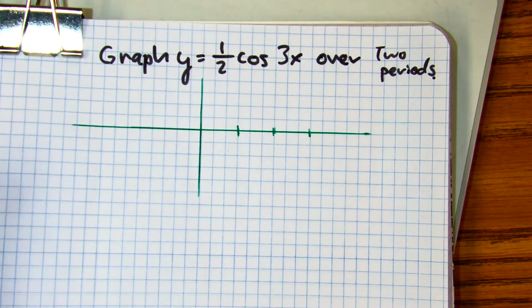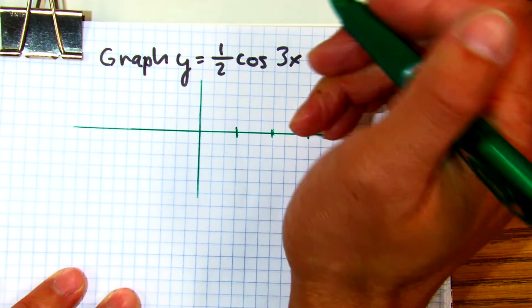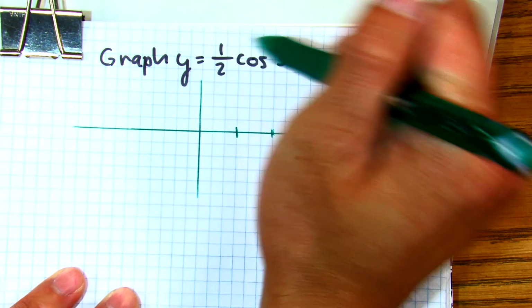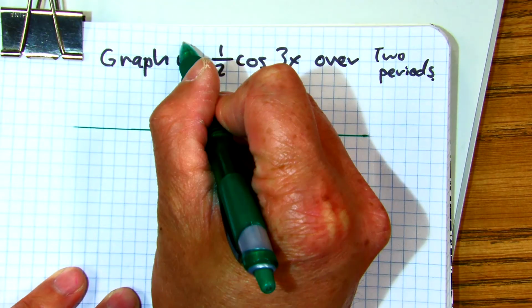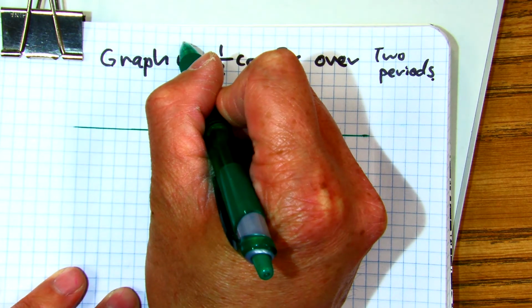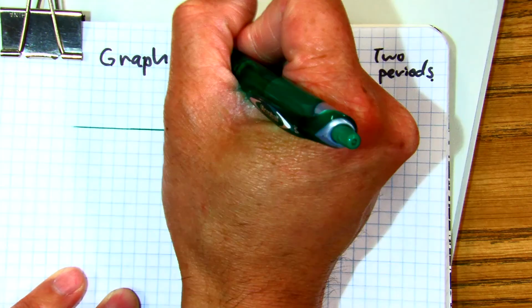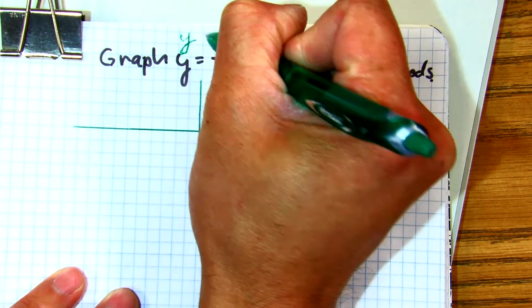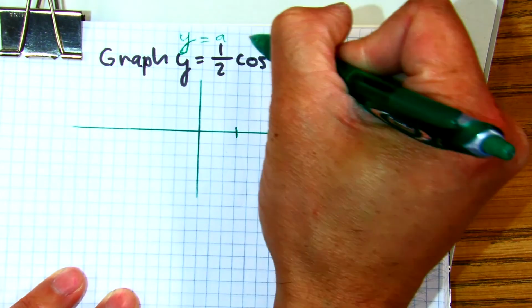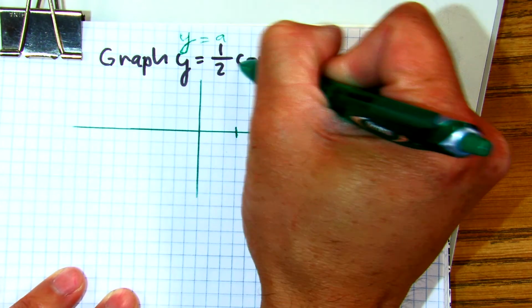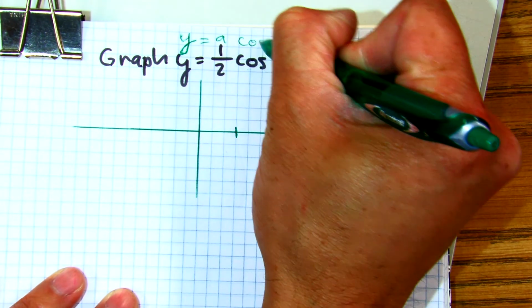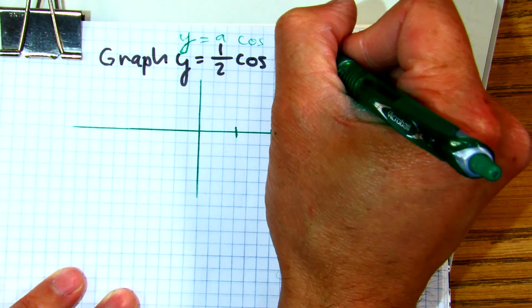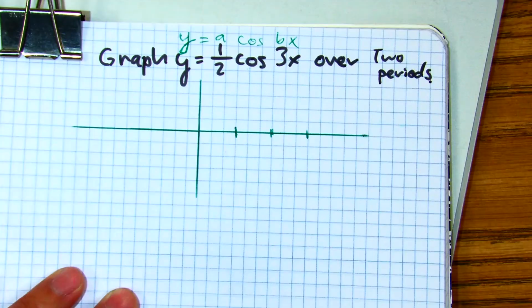Ricardo, what do you do first? What do I write above here? And what's your A value?